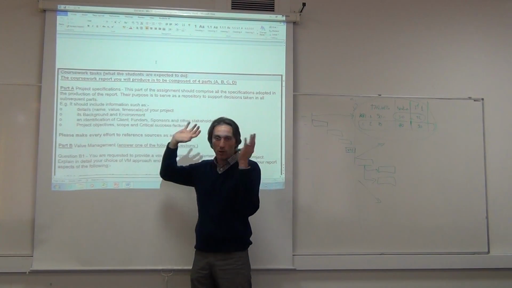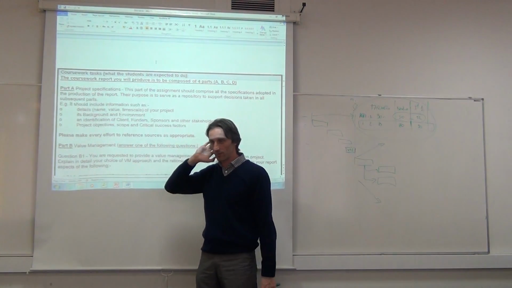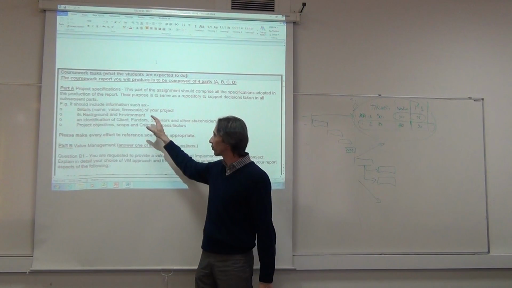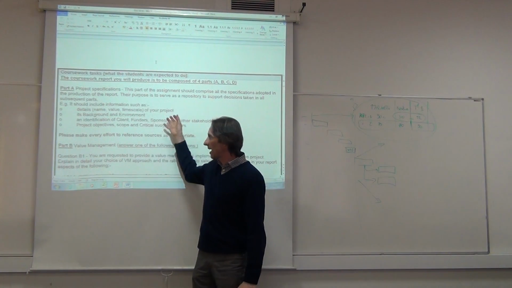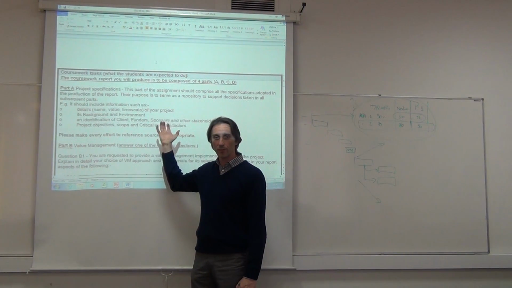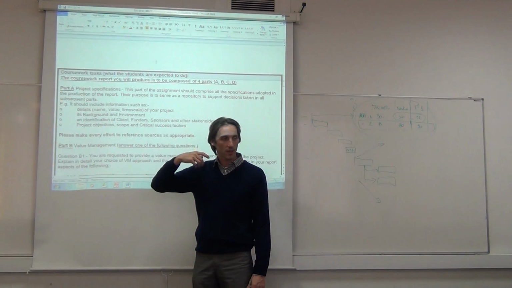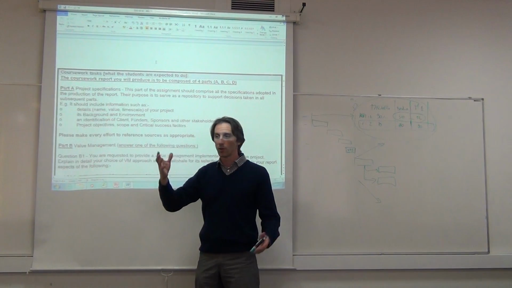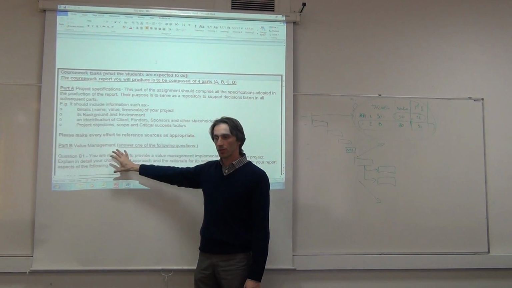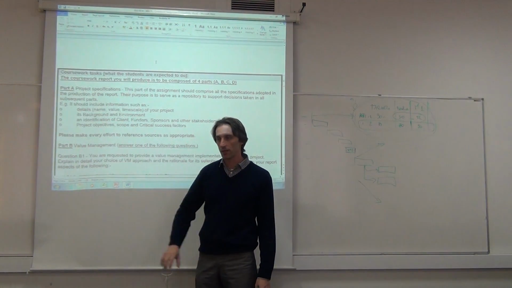Part A, you only have one question really, which is to lay out for us all the information of the project that you think is useful to make your decisions on parts B, C, and D.